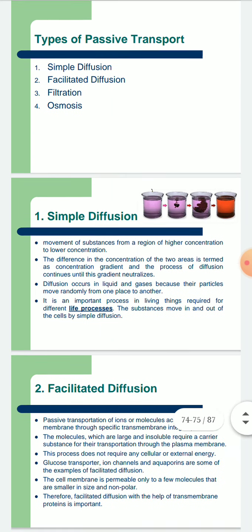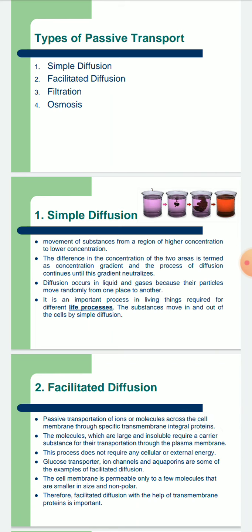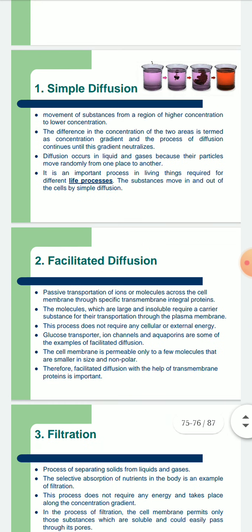It is an important process in living things required for different life processes, and the substances move in and out of the cells by simple diffusion. Facilitated diffusion is the passive transport of ions or molecules across the cell membrane through specific transmembrane integral proteins.